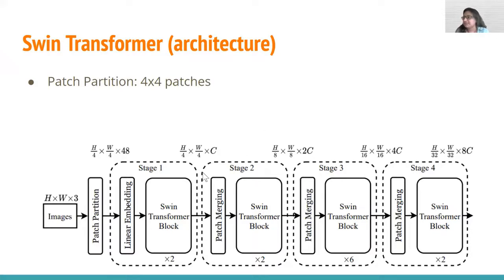If you look at stage 2, the input is H/4 x W/4 x C. However, the output of this block is H/8 x W/8 x 2C. So the channels increased and the number of partitions reduced. Same after stage 3 and stage 4.